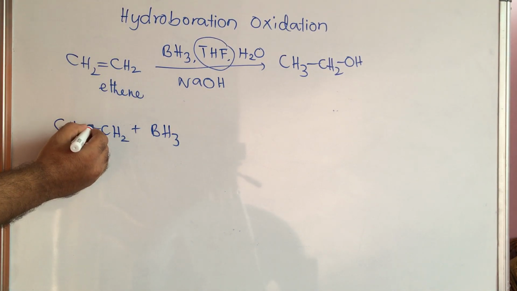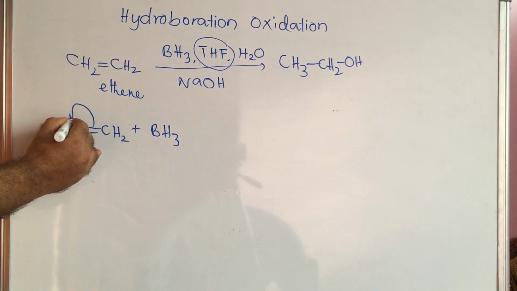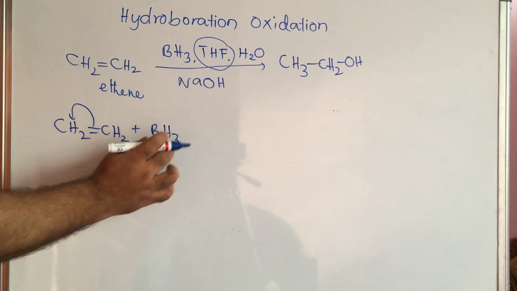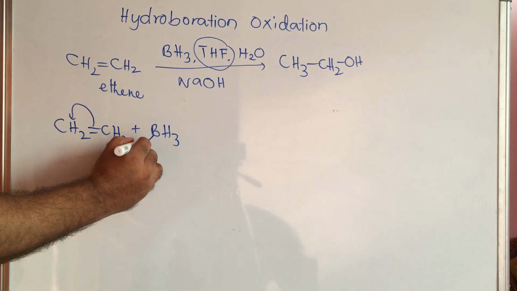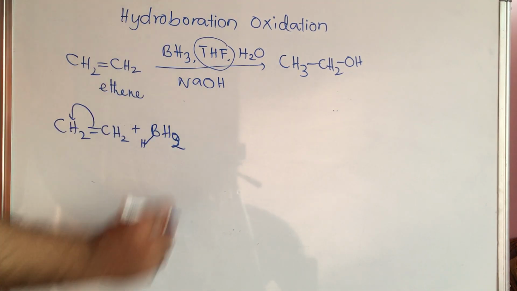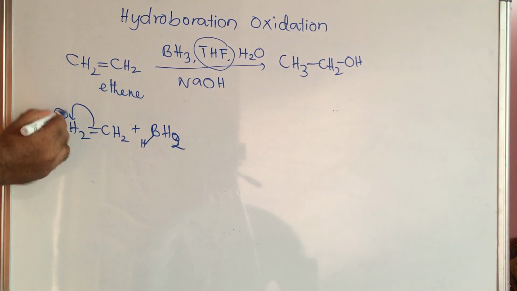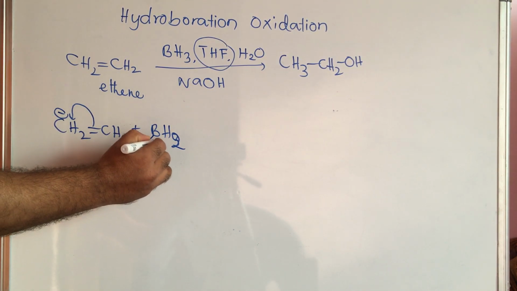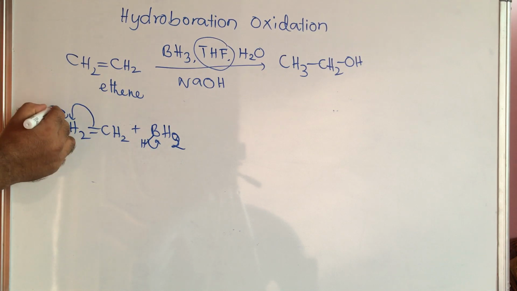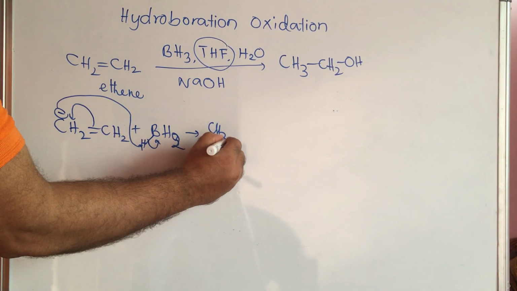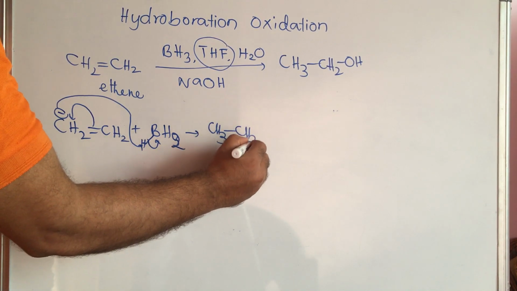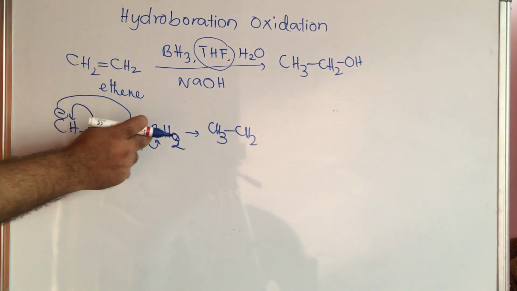This pi bond shifts to here. Here actually how many hydrogens are there? 3 hydrogens are there. I will write one separately, and this will be BH2. This is negatively charged. It will move like this, then it is a negative charge, this is a positive charge. This negative and this one form a bond, then we will get here CH3 single bond. This is positive and this is negative.